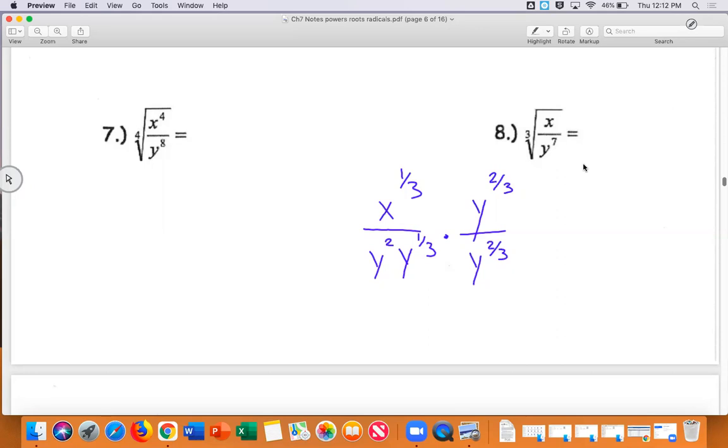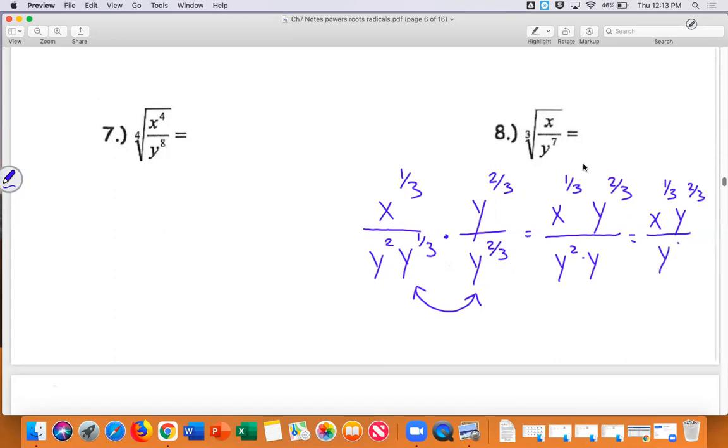So when I rationalize the denominator, this becomes x to the 1/3, y to the 2/3 over, these two together combine to give me 1 and a y squared. So that's x to the 1/3, y to the 2/3 over y cubed.